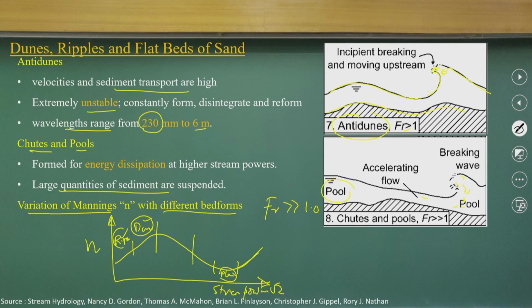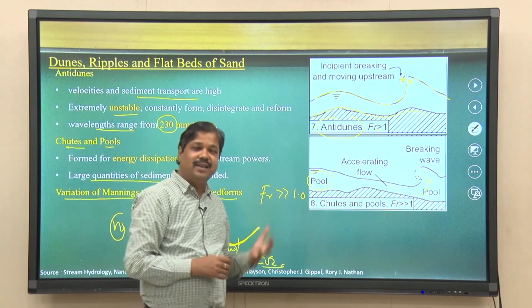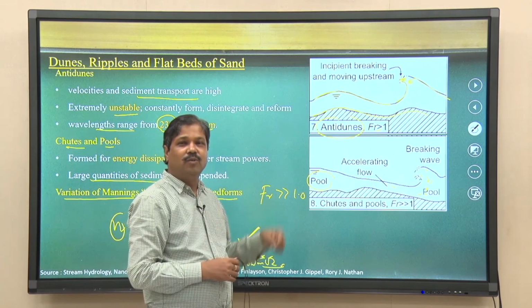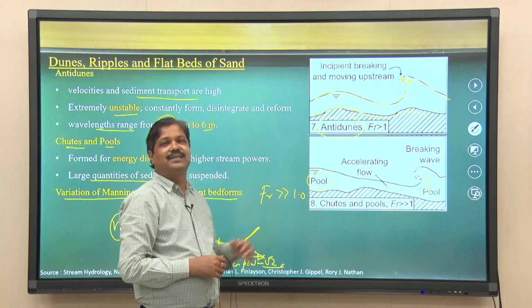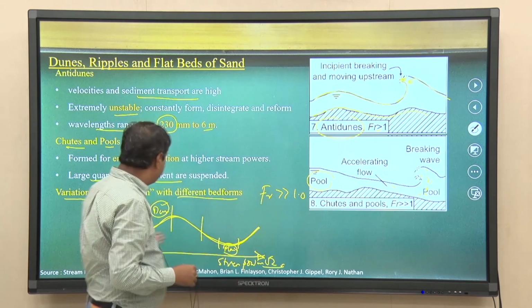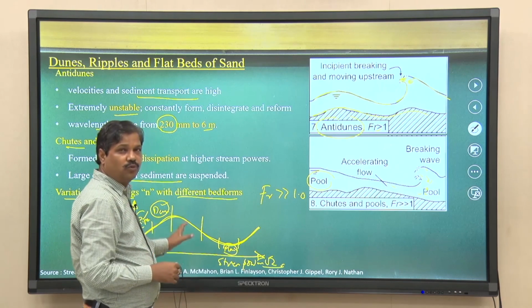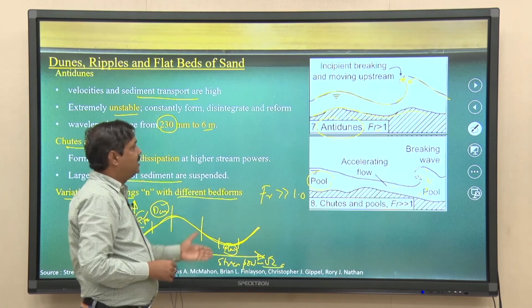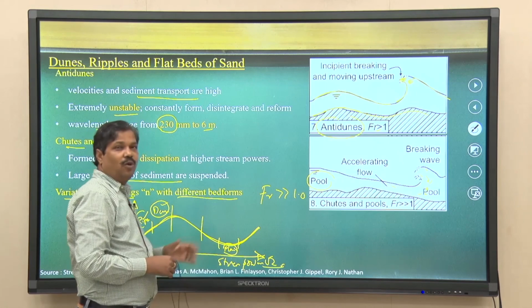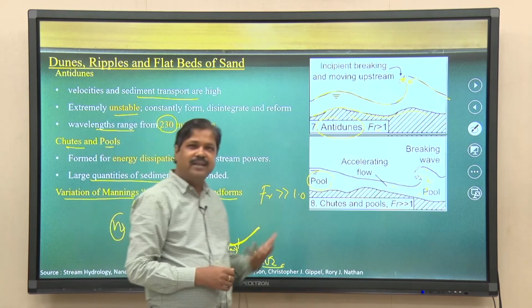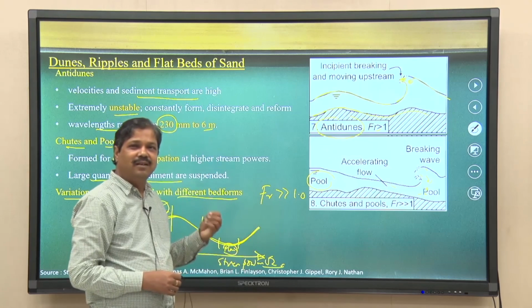As stream power increases through this chain of processes, the n value varies like this. That is what we should know. That is the reason the river shows a lot of nonlinearity in the stage-discharge curves, because when the bed changes from ripples to dunes to antidunes to flat plane surface, the n value also varies, as you can interpret from Manning's equation.